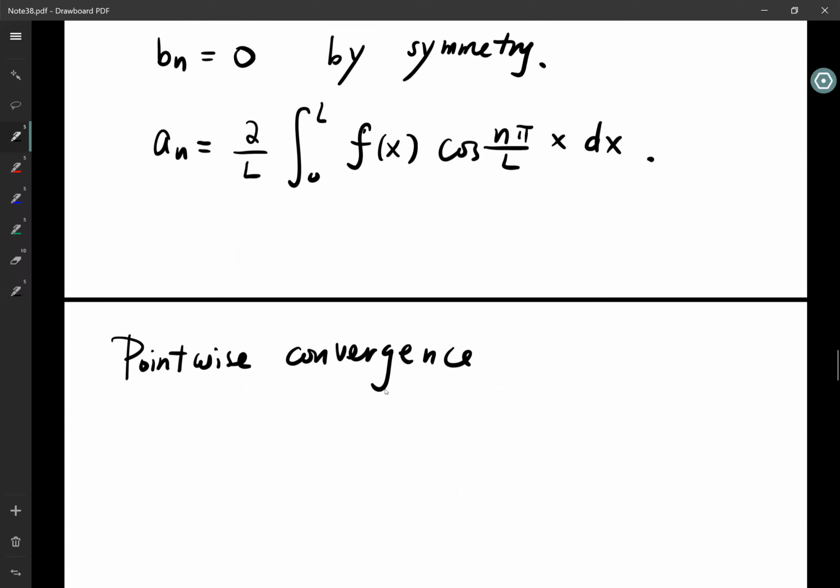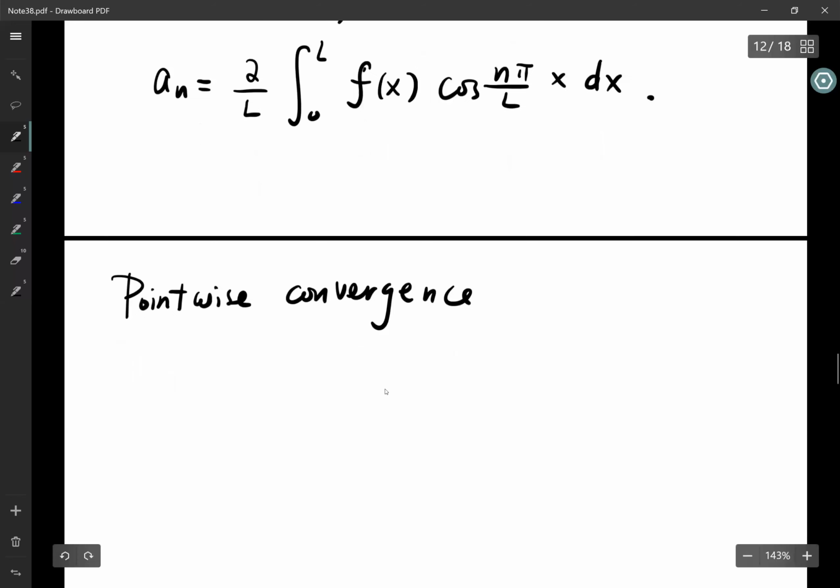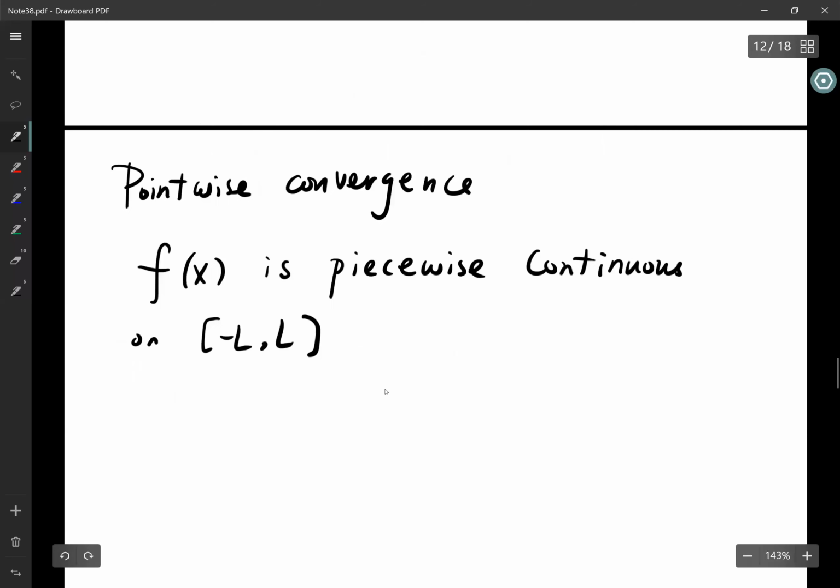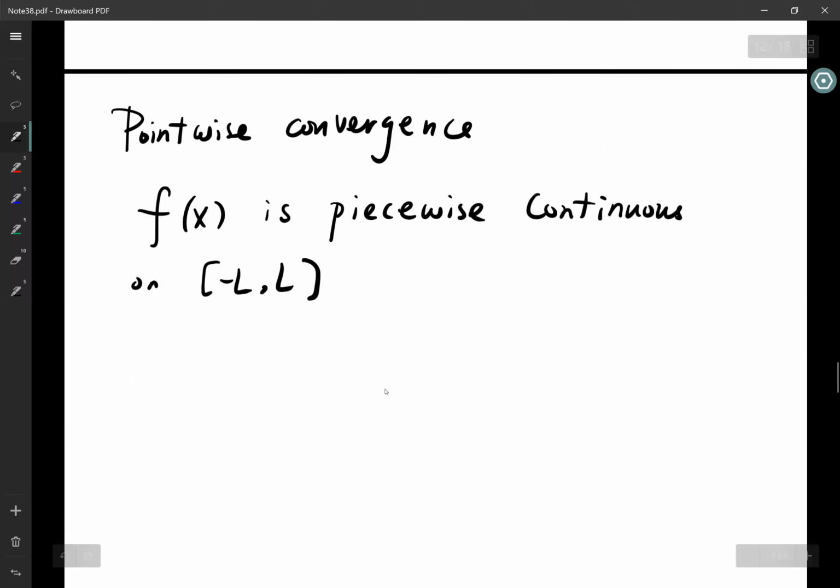Let me now say a little bit more about the implication of this piecewise continuity feature. If f is piecewise continuous on the interval from minus L to L, one example is the step function you have seen, which is indeed piecewise continuous.